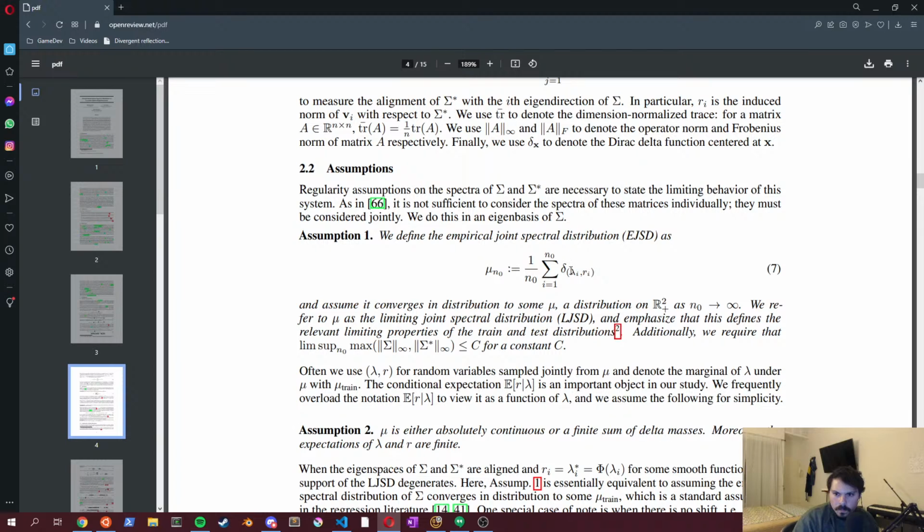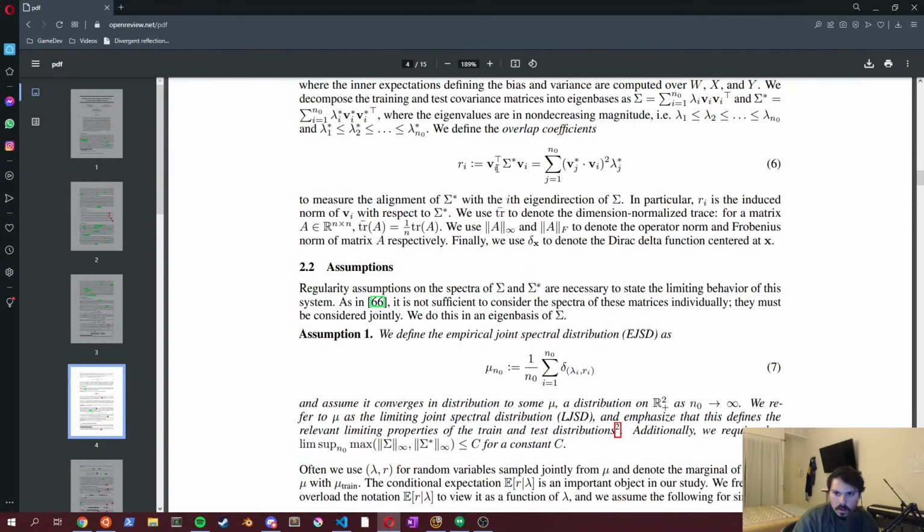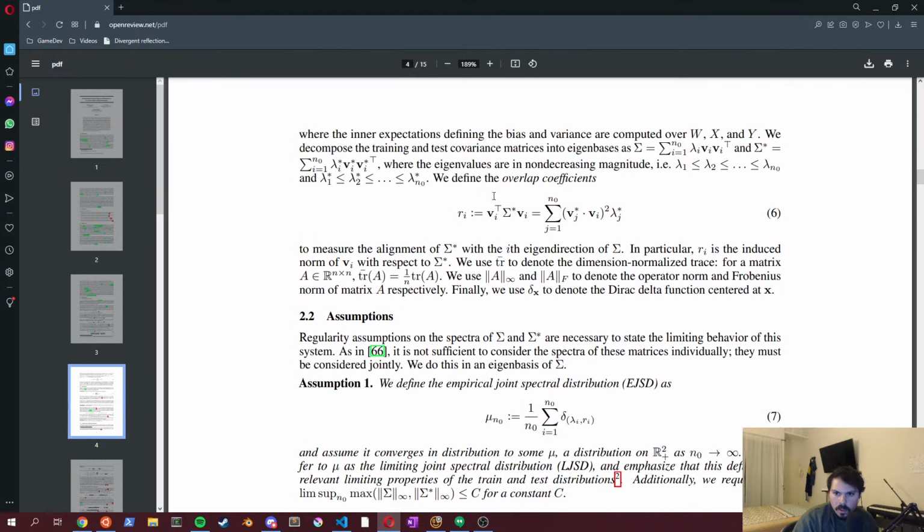And then sigma star is the variance of the test set, if I remember correctly. And then these V's are the rows of the covariance matrix of the training set.